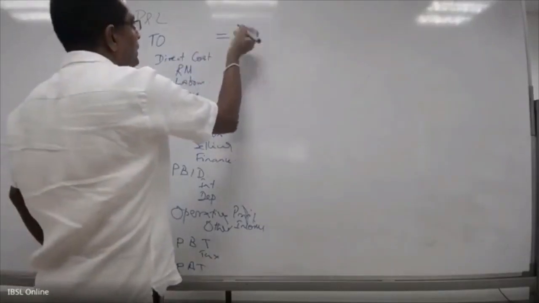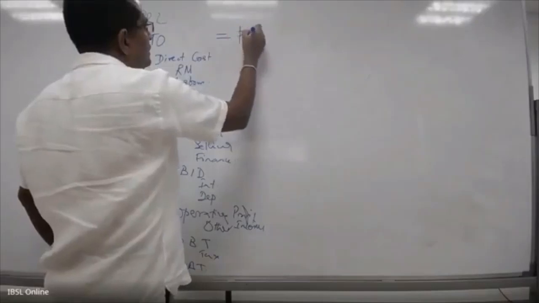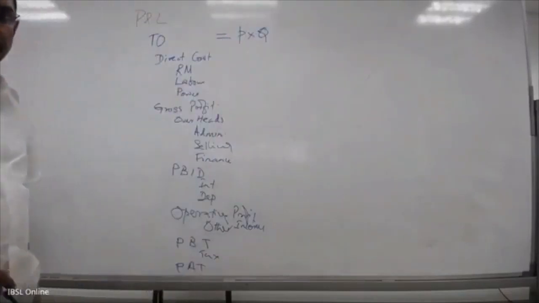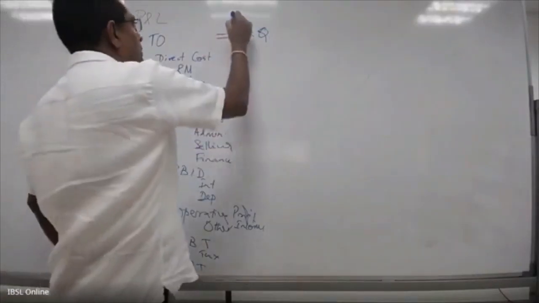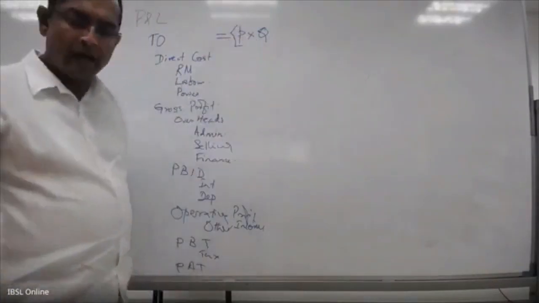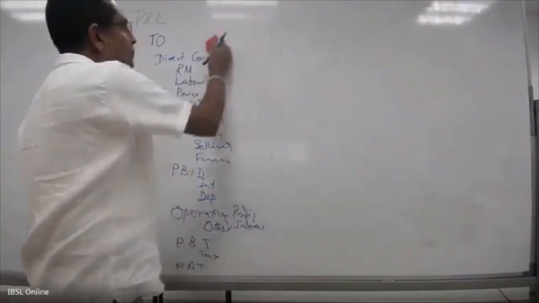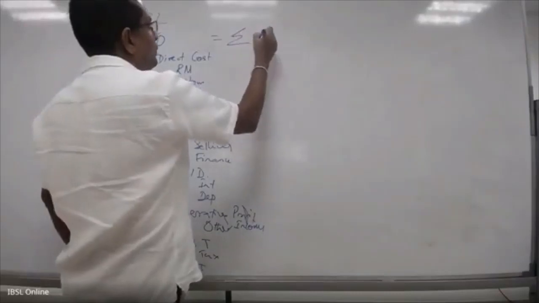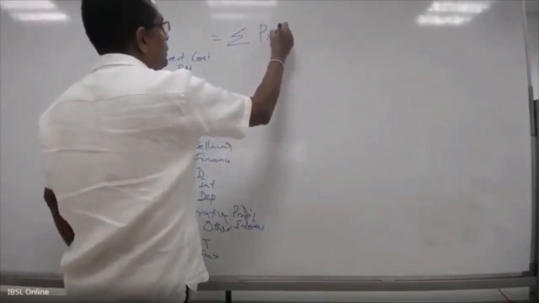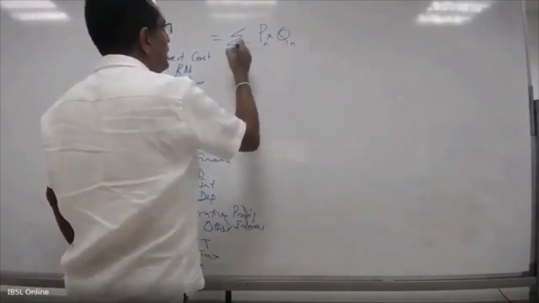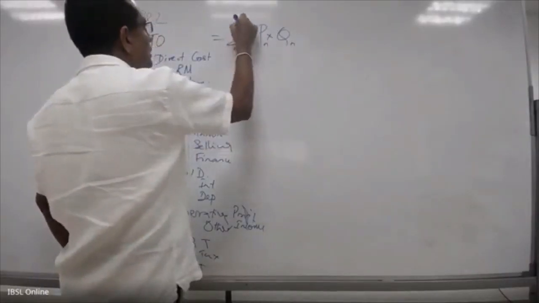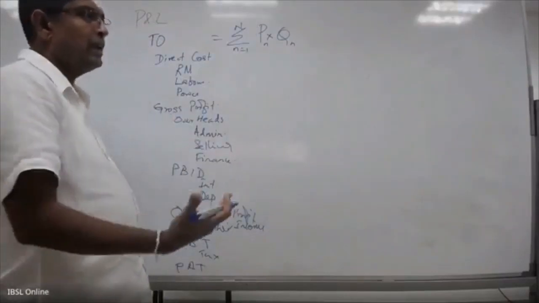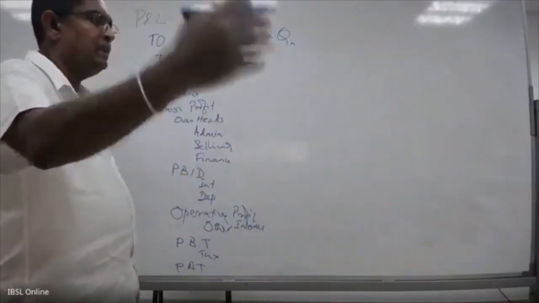So, turnover equals price into quantity. It can be several products and several different prices: the sum of price into quantity, n equal 1 to capital N. You can have a mix of products like washing machines, TVs, electric items.